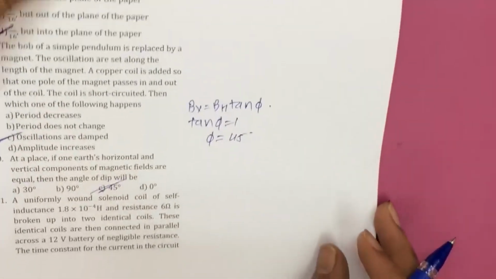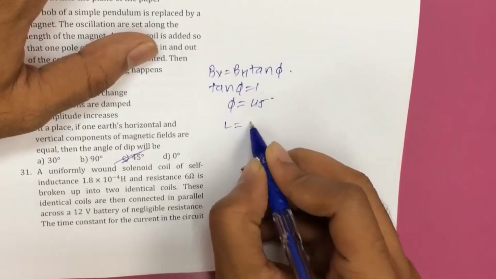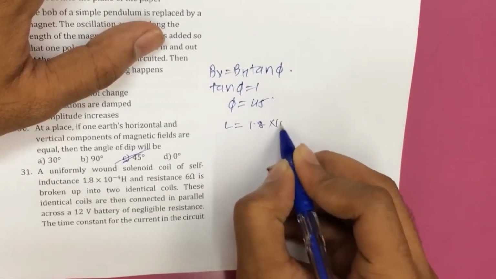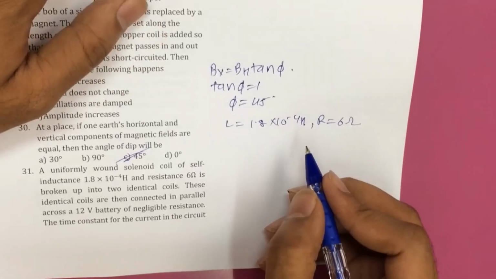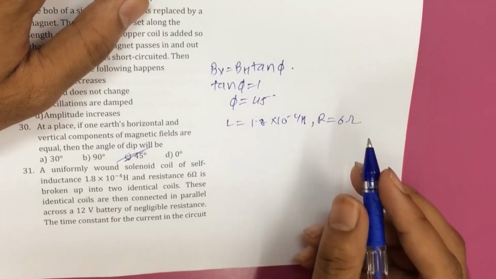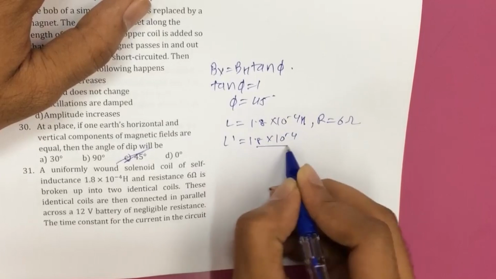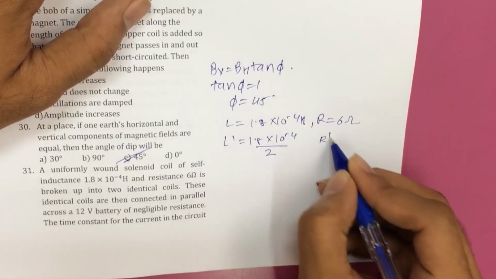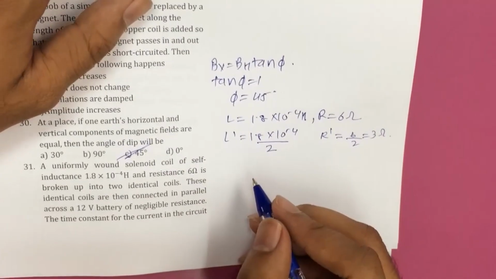So you have to find what is the time constant for the current in the circuit. Now here self-inductance given to us as L, that is 1.8 multiplied by 10 raised to minus 4 Henry. R is given as 6 ohm. When broken up into identical coils, self-inductance new one would become 1.8 multiplied by 10 raised to minus 4 divided by 2, and new resistance would become 6 divided by 2, that is 3 ohm.